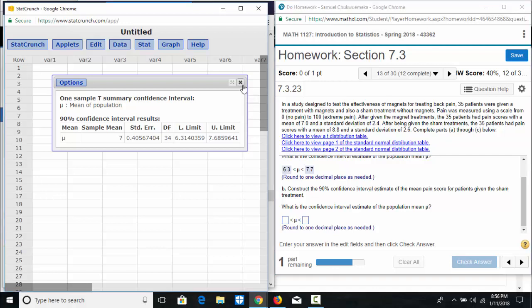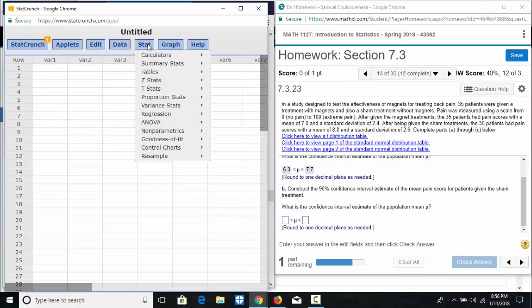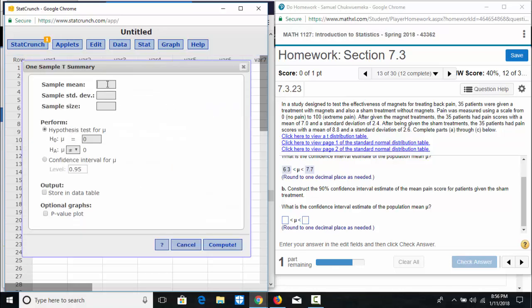Then for the other one, you still go to start, T-stats, one sample with summary. Sample mean for those sham treatment without magnets. Sample mean is 8.8. Sample standard deviation is 2.6. Sample size is 35.